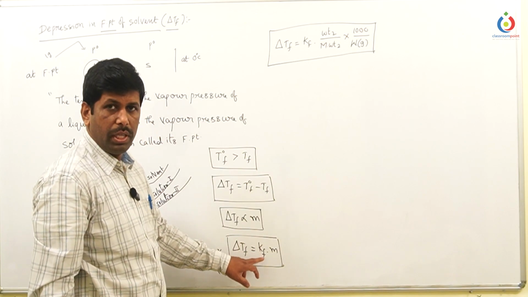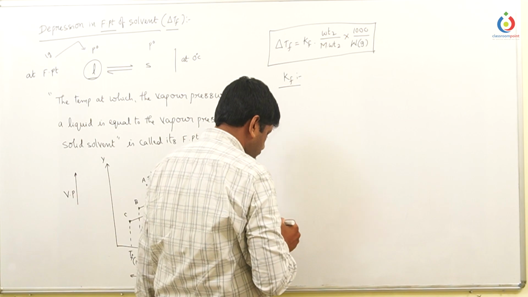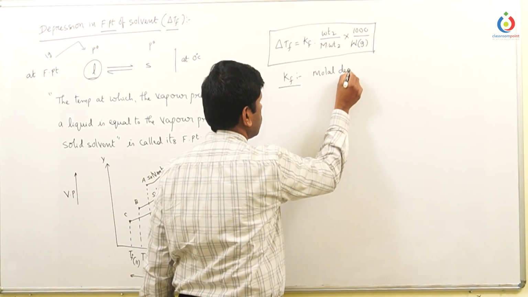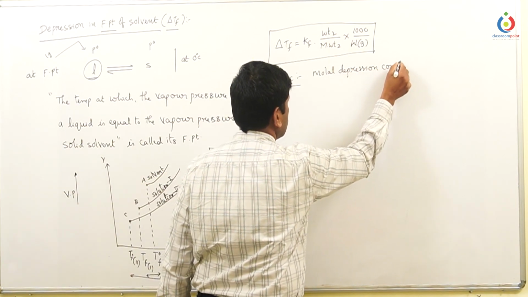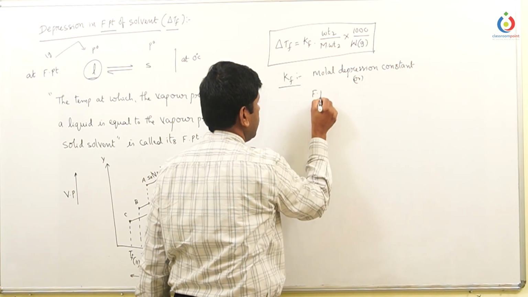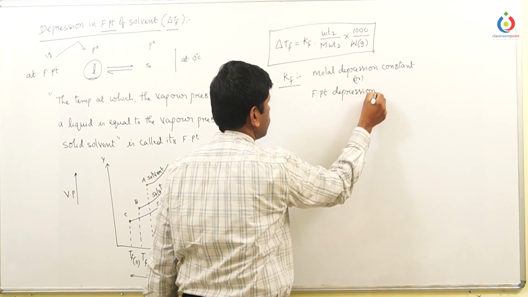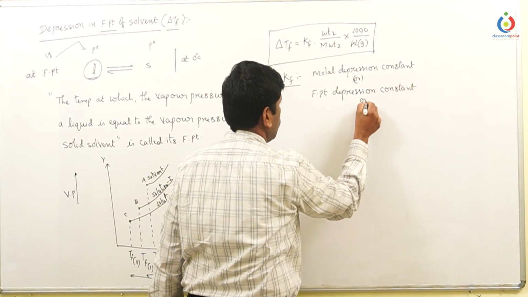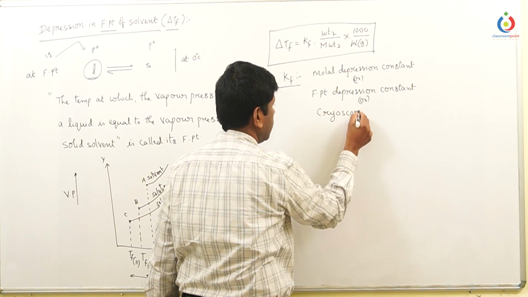Now let us discuss Kf. So what is Kf? Kf is known as the molar depression constant, or freezing point depression constant, or it is also known as the cryoscopic constant.